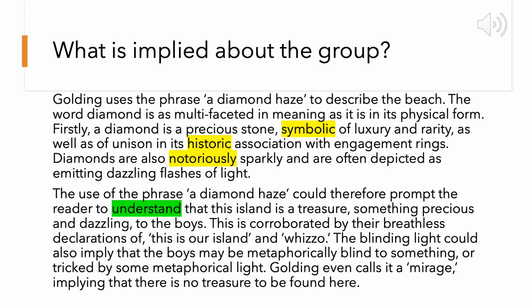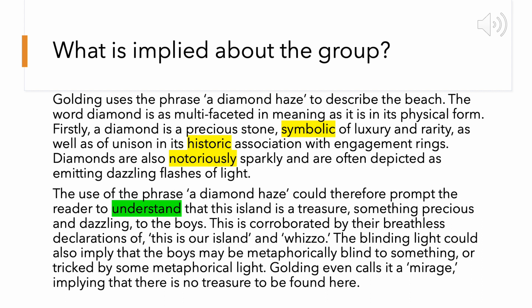And in that green highlight there, I'm using one of those verbs of influence. This is what I think Golding wanted us to do. The use of the phrase, a diamond haze, could therefore prompt the reader to understand that this island is a treasure, something precious and dazzling to the boys.